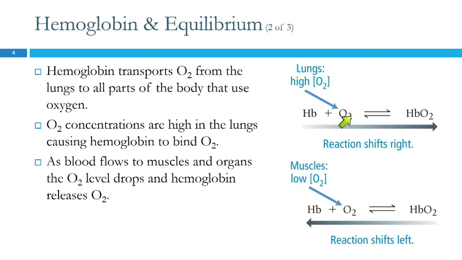No, but it's going to try. And then this will travel to the muscles where the oxygen concentration is low. And now that newly reestablished equilibrium finds that this oxygen level is low, and it's like, no, I don't like that either, and so it's going to shift this way to release more oxygen.